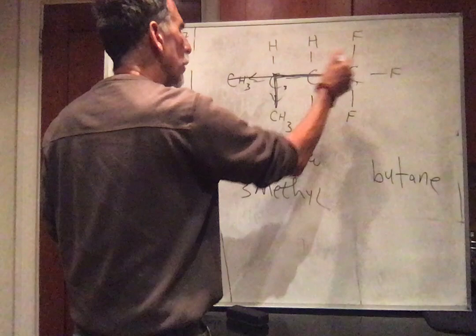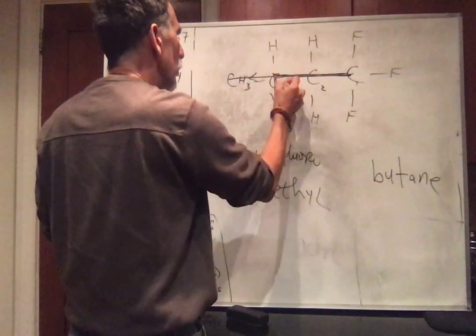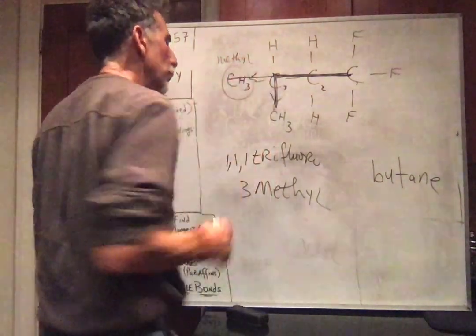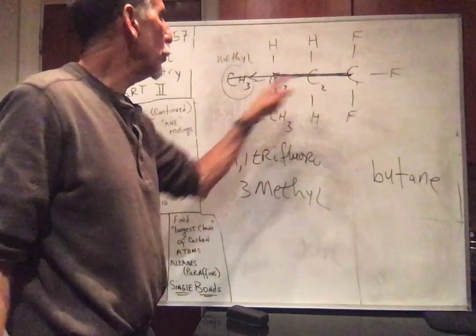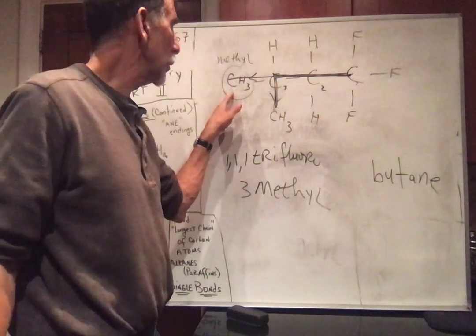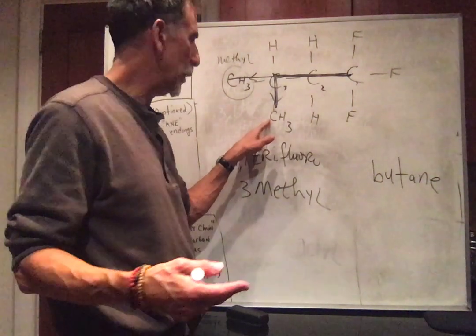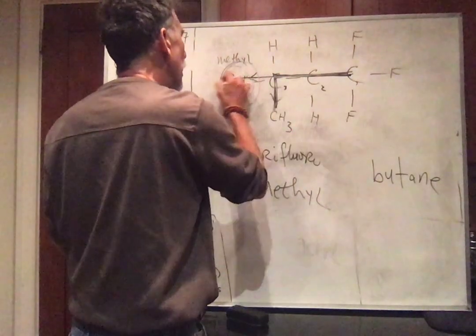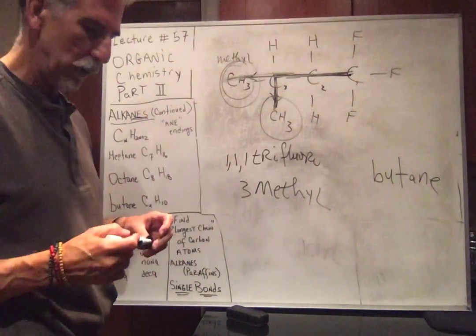So if I do my longest chain this way, it's still butane, and on carbon 3 is still a methyl. So if you count the carbon, that carbon is part of your longest chain, it's not an addition. If this is my chain, this is my addition. If this is my chain, then this methyl was my addition. Doesn't matter in this case.